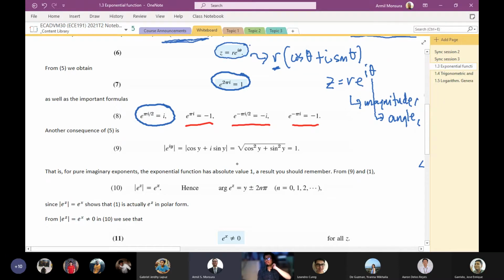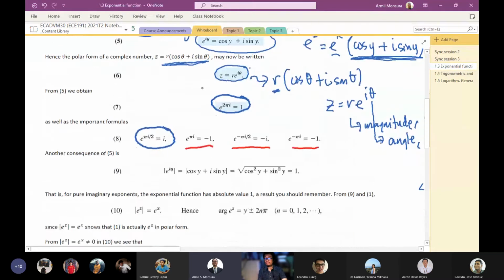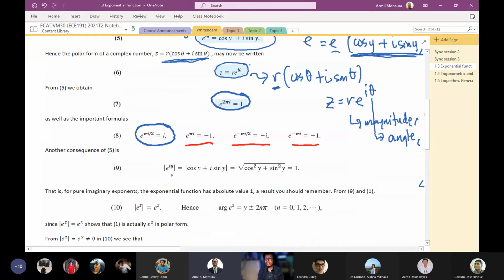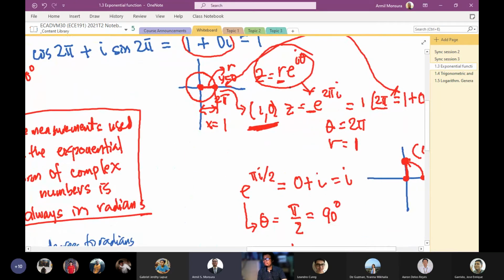Okay. So, as a result of the definition of this one, from number 5, we shall see that the magnitude of e raised to iy is 1, katulad nung nakita nyo dito, katulad nung ginagawa natin dito kanina.